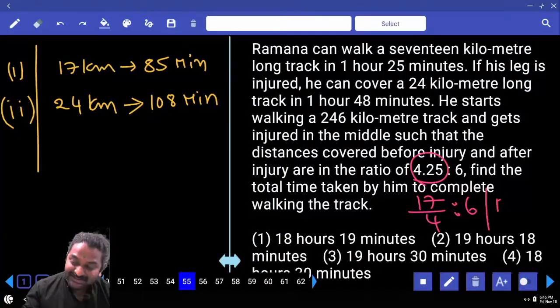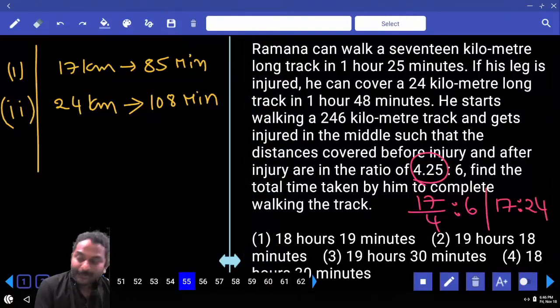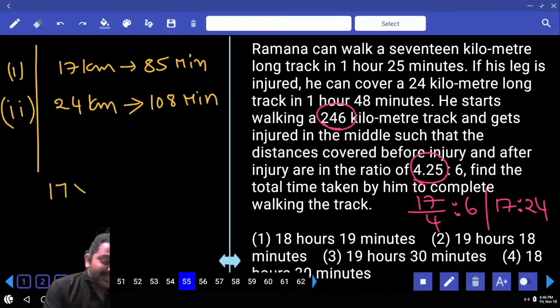Can we simplify this as 17 is to 24? Total how many parts? 41 parts is equal to 246 kilometers. Then one part is equal to 6. 17 parts means 17 into 6 kilometers. Next, 24 parts means 24 into 6.